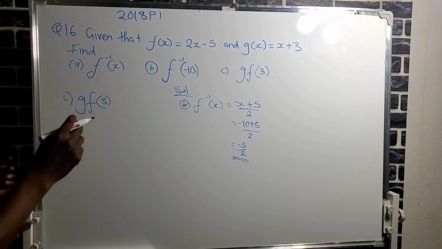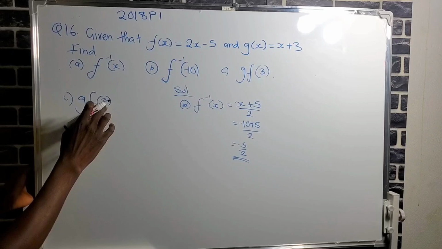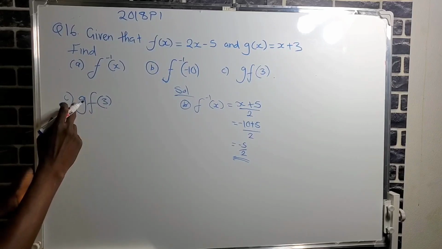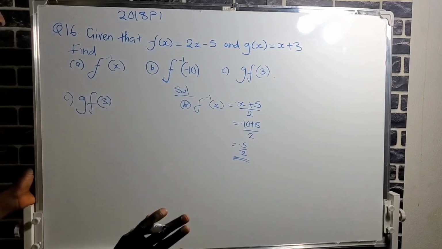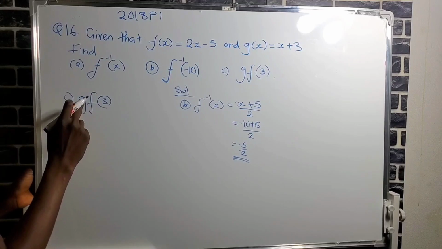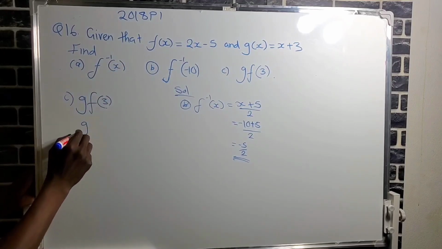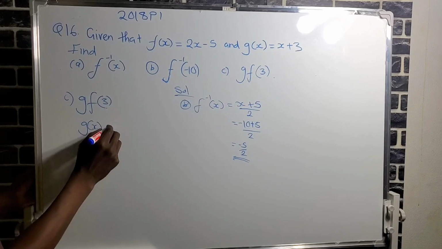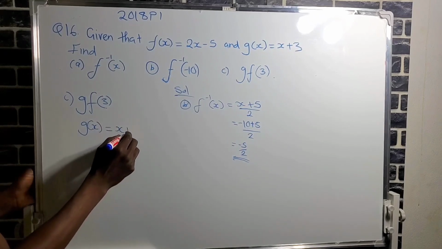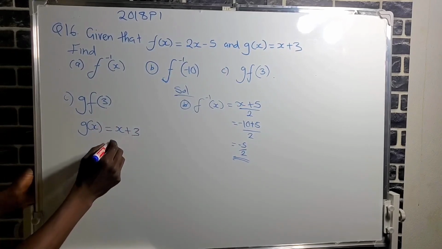Okay, so before we consider a 3 here, we're going to solve the expression like this. G function, we're going to copy G function, which is g of x is equals to x plus 3.